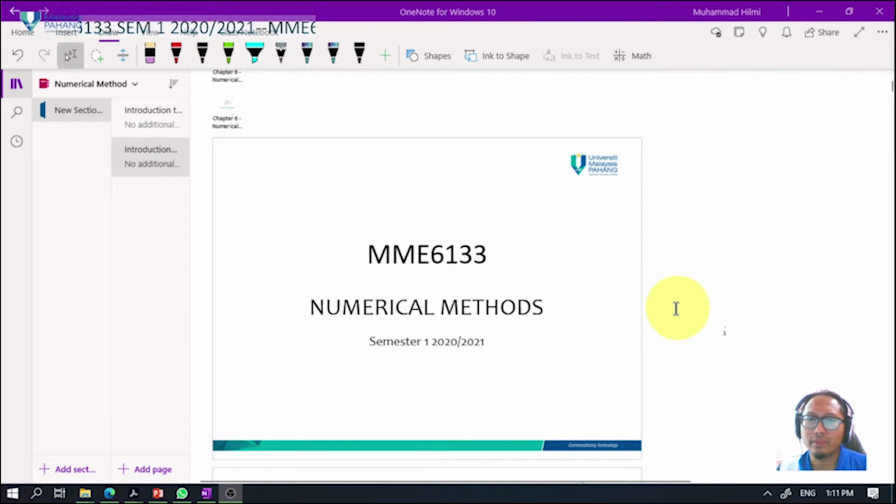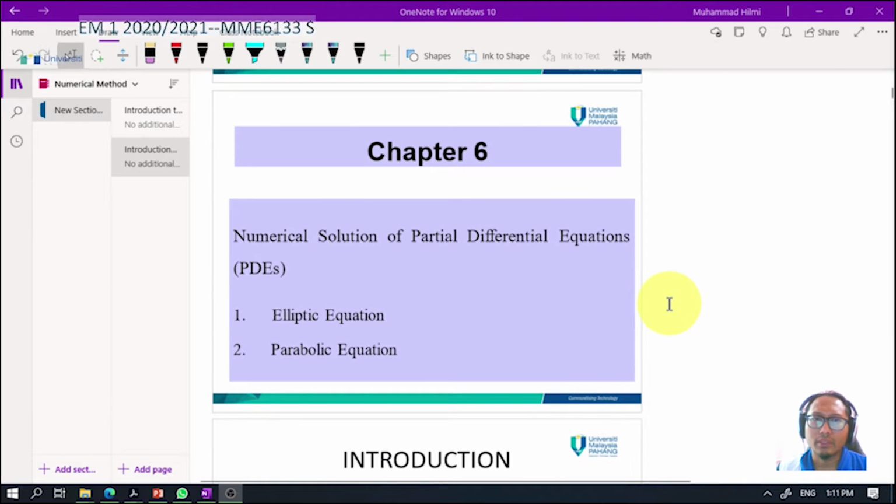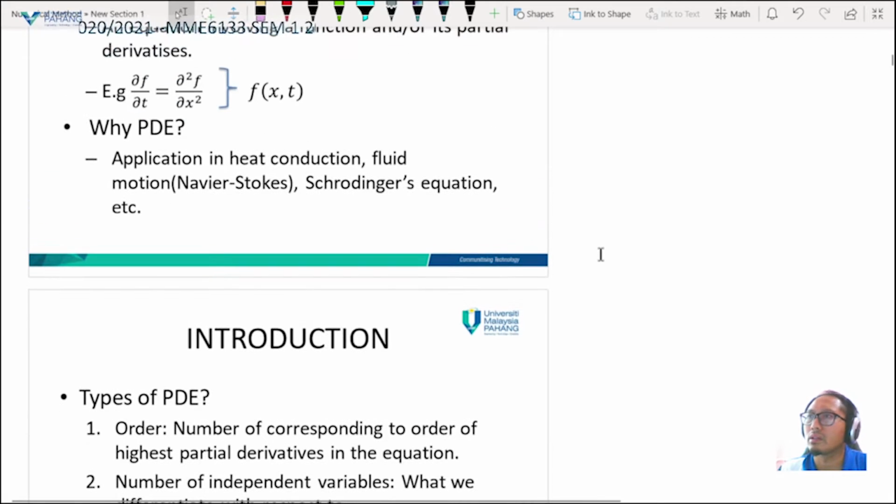So let's start with the introduction. In this chapter, we are going to cover two different kinds of PDE, the elliptic equation and the parabolic equation. For the introduction, we are going to know what a PDE is and why we should learn PDE. We are going to see some applications and understand the types of PDE out there.